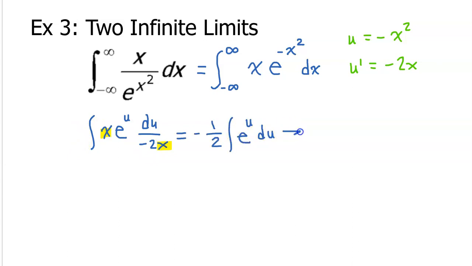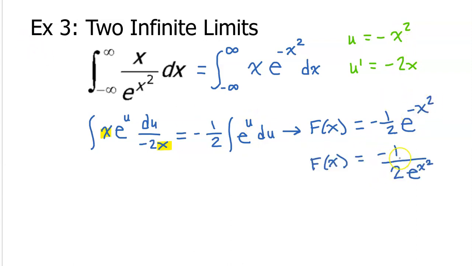Let's call the antiderivative capital F of x. We keep the negative 1/2 in the front, and the antiderivative of e to the u is still e to the u. We can get rid of the negative exponent by writing the antiderivative as negative 1 over 2e to the x squared.